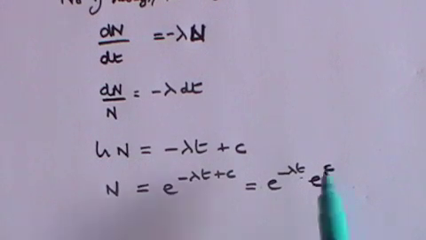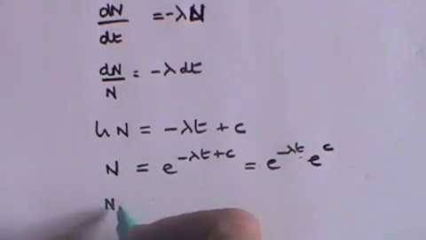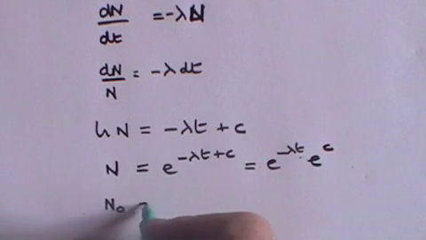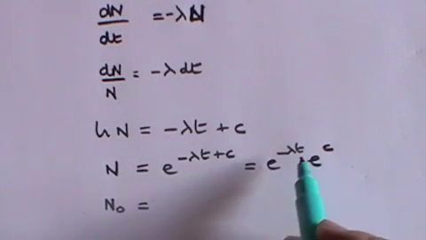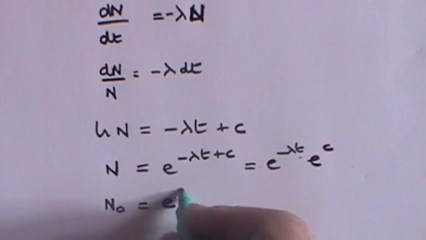Now, what is this e to the c? Well, let's just explore what happens when t is 0. That is to say, right at the start of the process. At the time you start, N will be N naught. That is the number of nuclei you start with at time t equals 0. And that's going to be equal to e to the minus lambda t. Well, t is 0, so that's e to the 0, which is just 1, times e to the c.